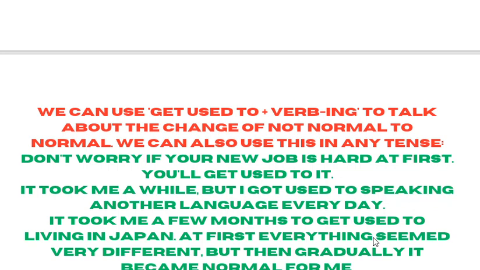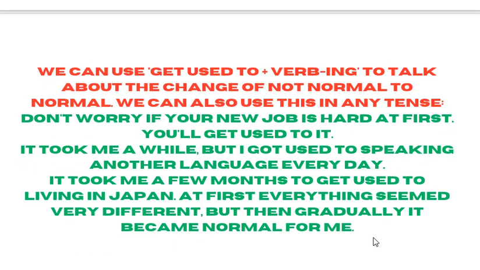That is what it means. At the beginning, things are not easy. Then when we do the same thing every day, gradually we will get used to those things. Yes, that is what it means.